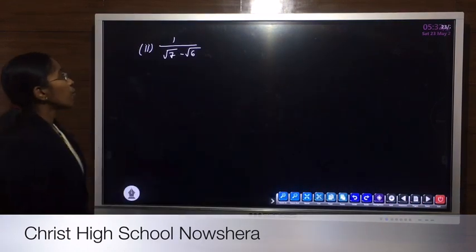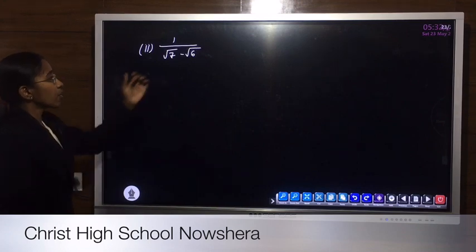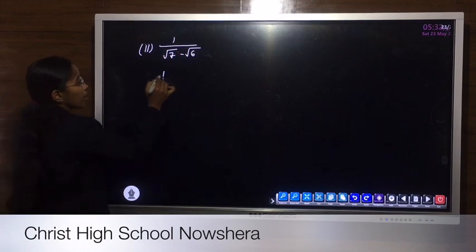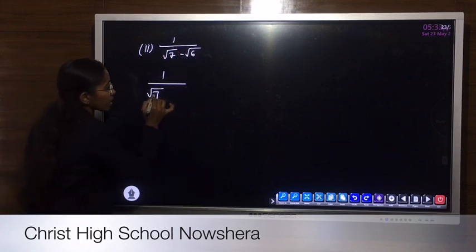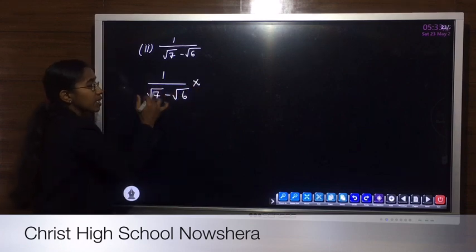And second one, 1 divided by root 7 minus root 6. Here two numbers are under radical sign. So our first step, 1 divided by root 7 minus root 6 into, take the reverse or opposite operation of the denominator.